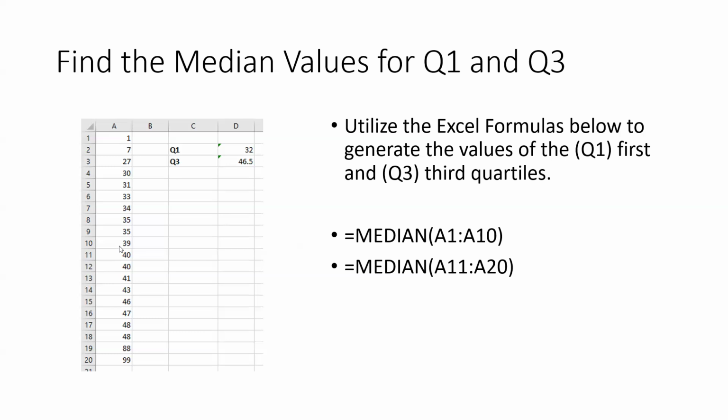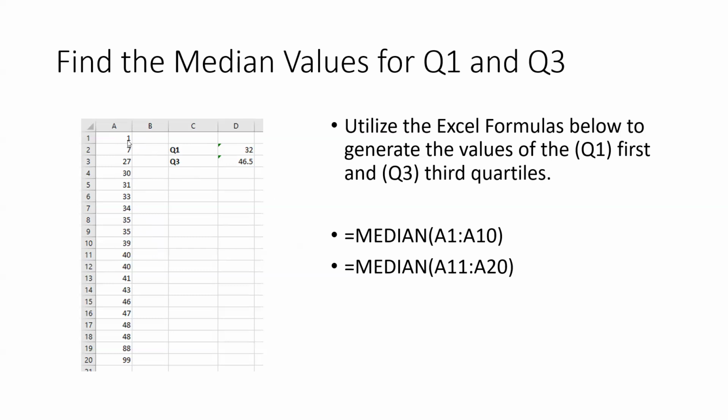The median of the first quartile, all right, so the median is the value of subset 1 to 10. So we would type equals MEDIAN(A1:A10), and that's contained in cell D2 here. All right, because it's an even number.